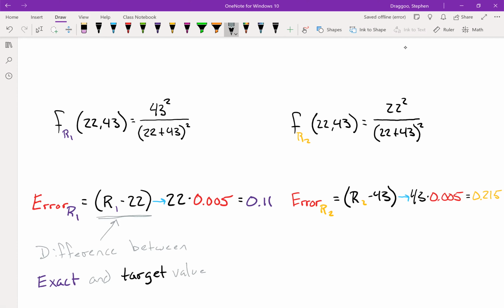Coming at it from the other side, we know that each resistor has a possible error of 0.5%.